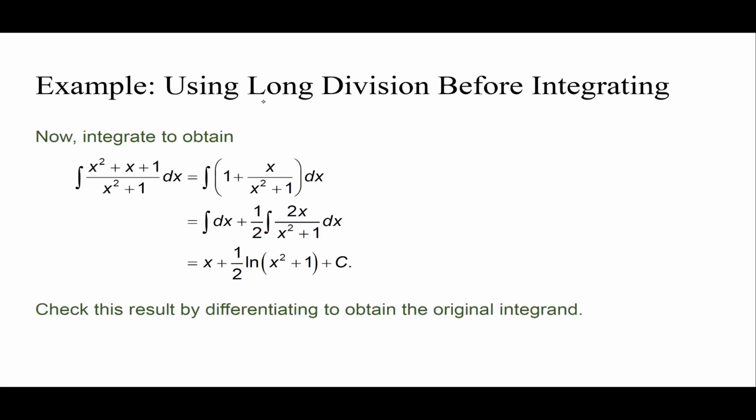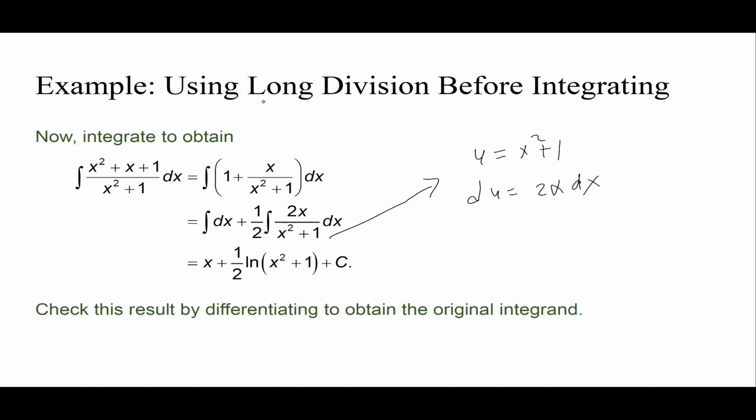So after division we get 1 plus x over x squared plus 1. We can split this into two different problems. One is the integration for the 1, and another one is integration for x over x squared plus 1. Here we're just adding an extra 2 and 2 because if you substitute u equals x squared plus 1, then du is 2x dx.